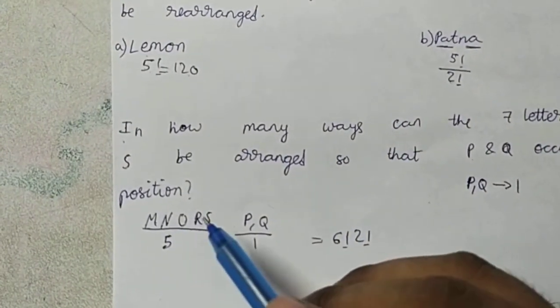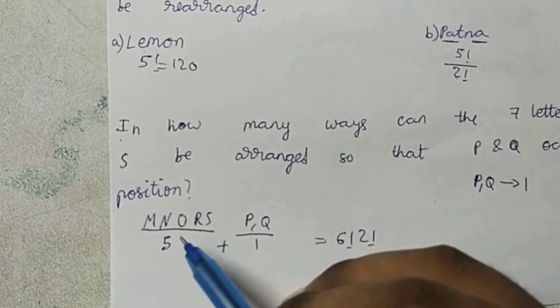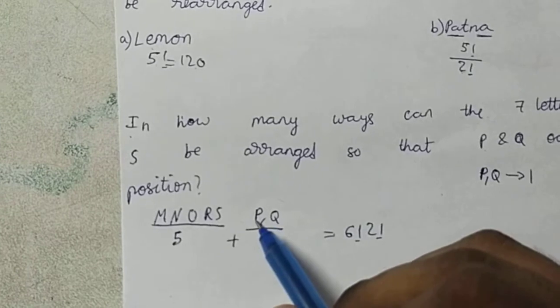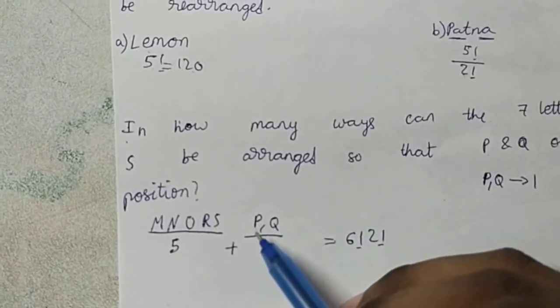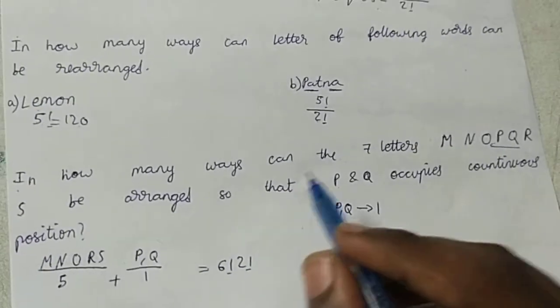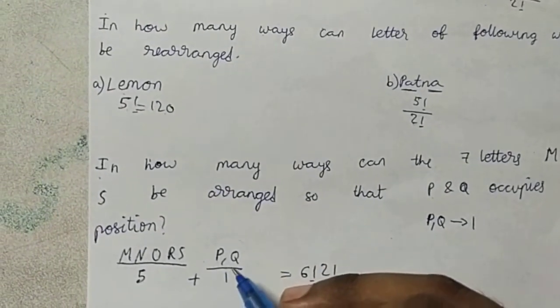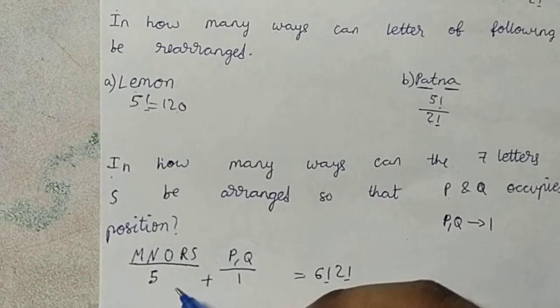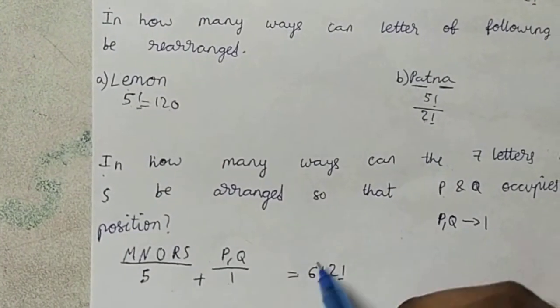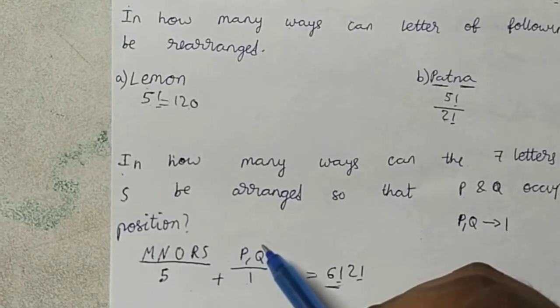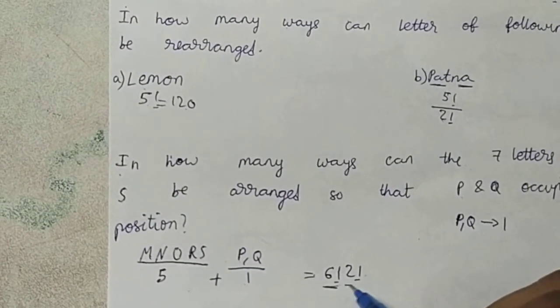So there are 5 alphabets left, plus the value 1 for P and Q. If we add these, we get 6 factorial, and we multiply by the arrangements of P and Q, which is 2 factorial.